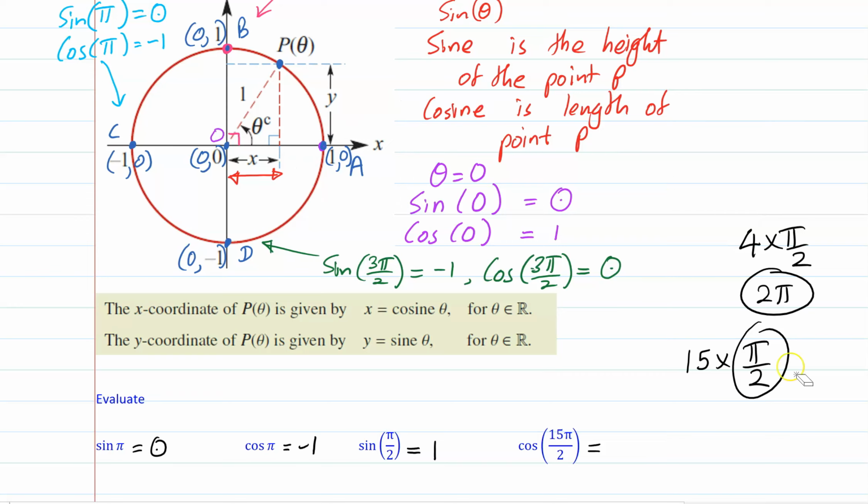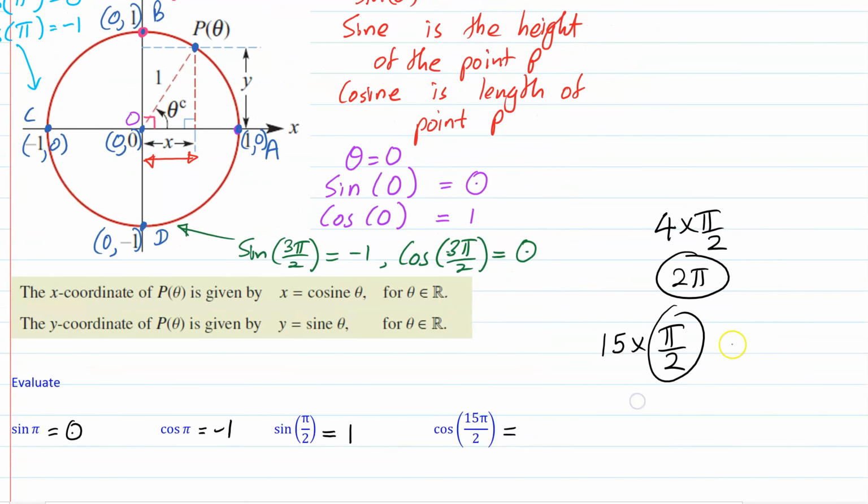Now let's look at that here. I'm going to rewrite again, 15. I'm going to have a look at how many full revolutions there are. 15 pi on 2 can be written as simply 7 pi and a pi on 2.